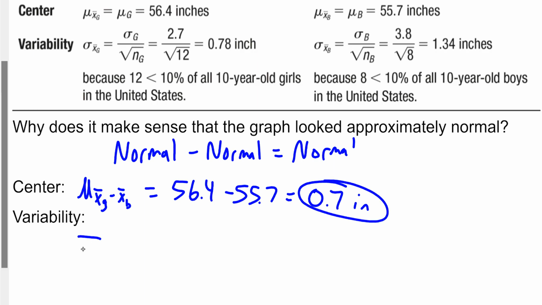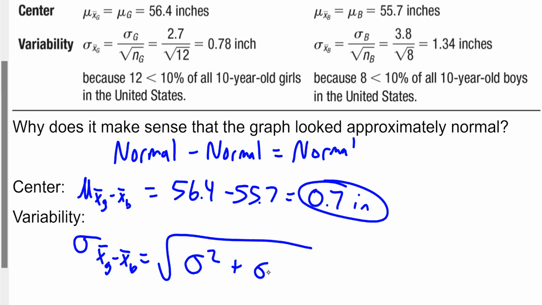Variability, so sigma of the differences. Now this is a combined distribution or a joint distribution. So we have that formula, the square root of this plus this, the two variances added together.